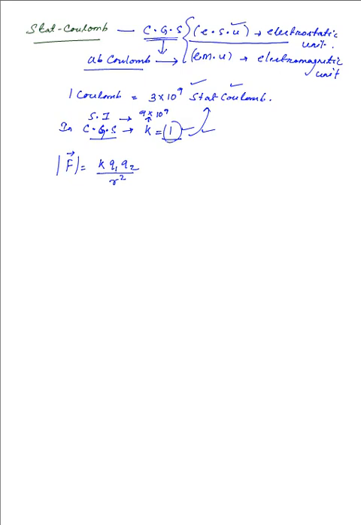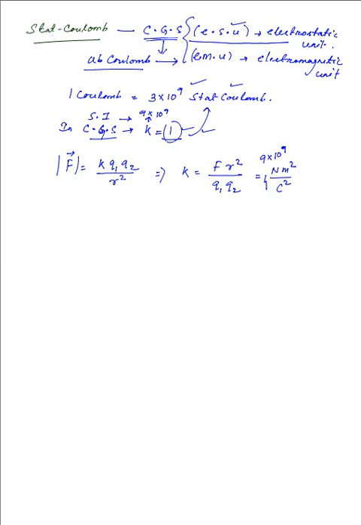And if we cross multiply the terms and keep K on one side, then we will have F times r squared over Q1 times Q2, the two charges. That means that we have the unit as Newton meter squared over Coulomb squared. That is the unit, of course, and the value that we get is 9 times 10 raised to the power 9.